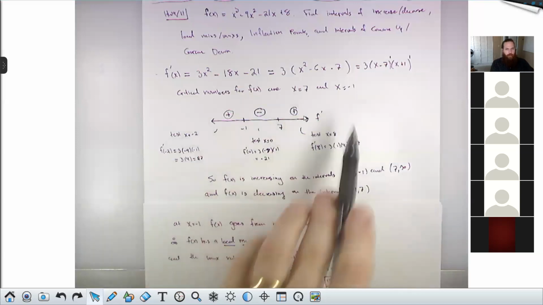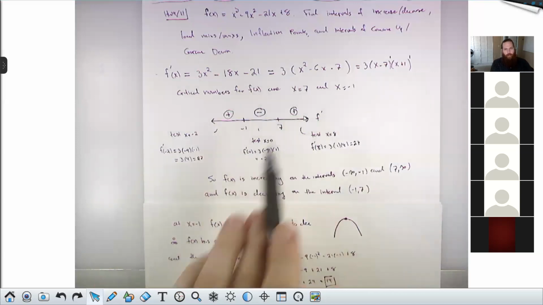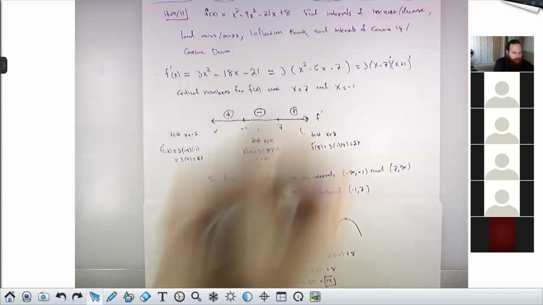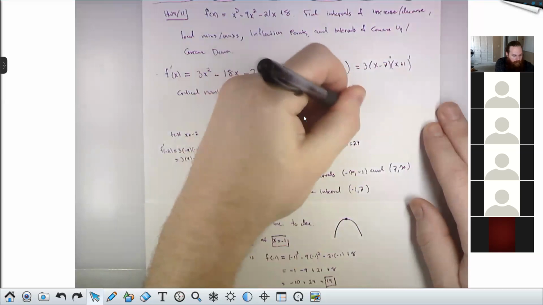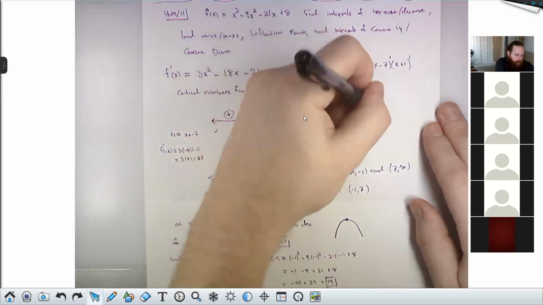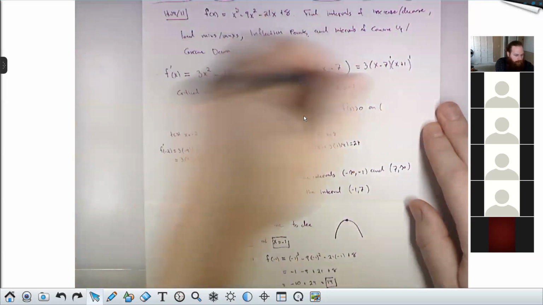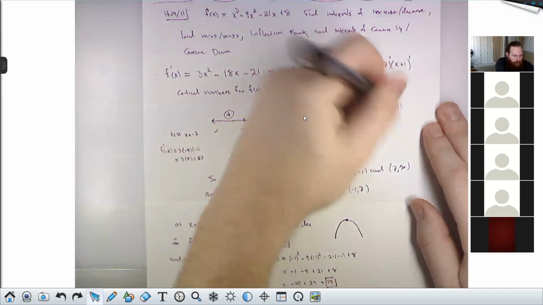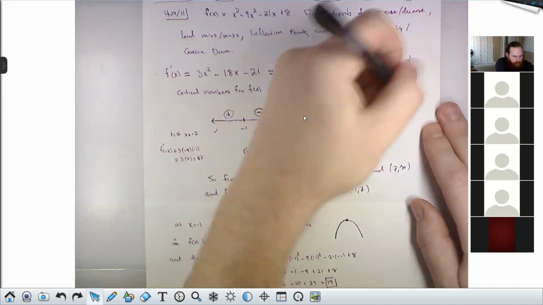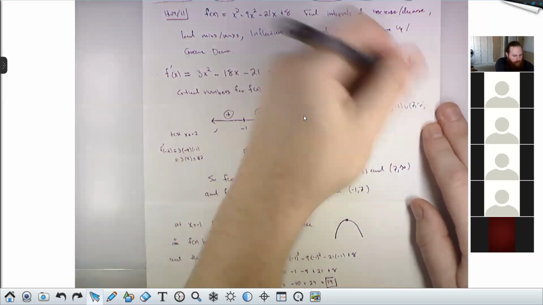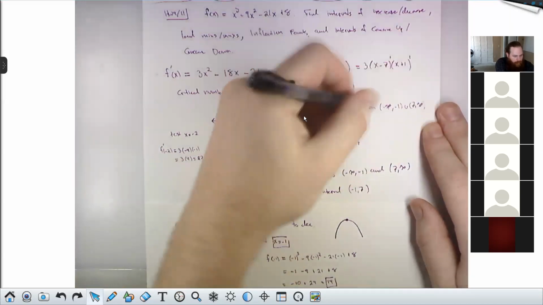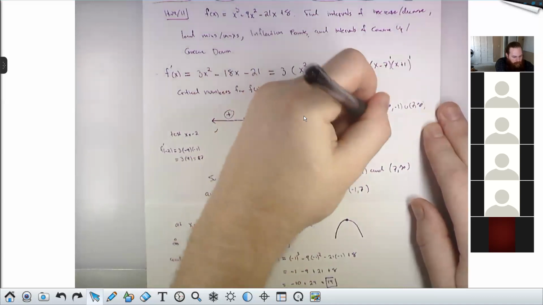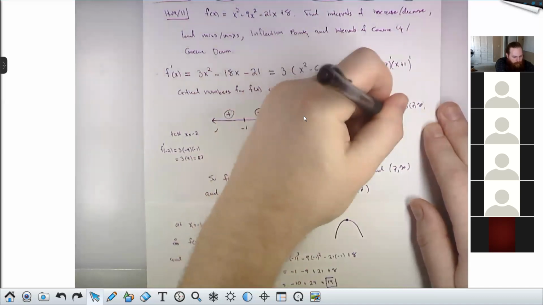So really what we're doing when we do this is we're solving two inequalities at once. We're solving the inequality f prime is greater than 0. We found f prime is greater than 0 on (-infinity, -1) unioned with (7, infinity), and f prime is less than 0 on (-1, 7).